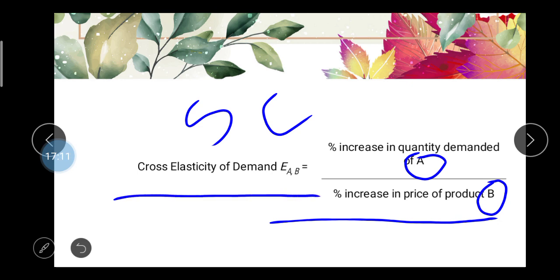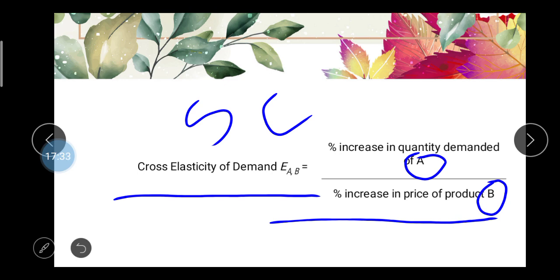So here there are mainly three topics you have to learn: price elasticity of demand, income elasticity of demand, and cross elasticity of demand. From the GTU examination point of view, you must learn price elasticity of demand and cross elasticity of demand.